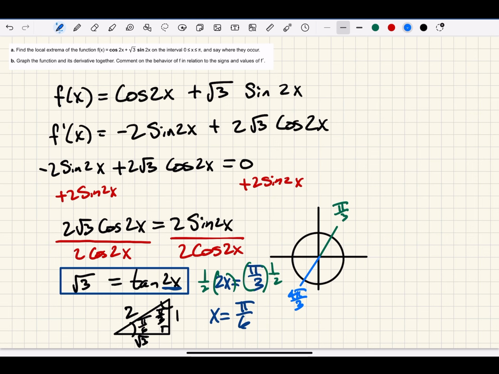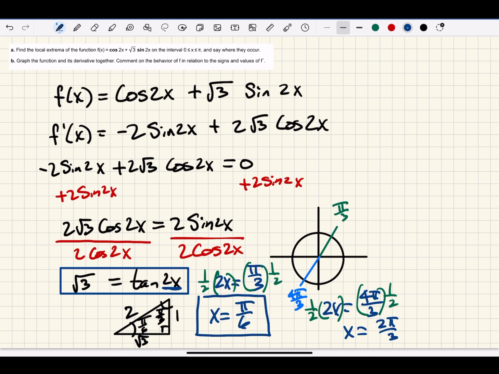So now, if we set 2x equal to 4 pi over 3, and again multiply both sides by 1/2 to get x by itself, we will find another angle, x equal to 2 pi over 3, on the interval from 0 to pi, where our first derivative would be equal to 0. So we have these two angles, pi over 6 and 2 pi over 3.